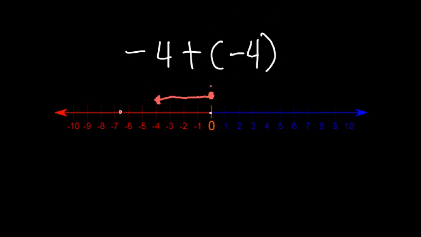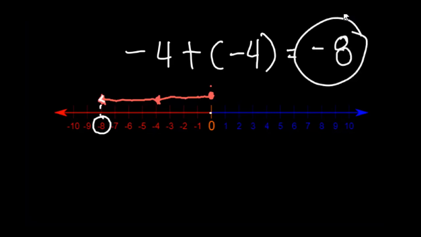Mag-move ulit tayo ng 4 na beses to the left ulit. So, meron tayong 1, 2, 3, 4. Okay? So, saan kaya tayo matatapos dito? Natapos tayo sa negative 8. So, ibig sabihin, ang stopping place natin ay negative 8. Ang sagot sa negative 4 plus negative 4 is negative 8.